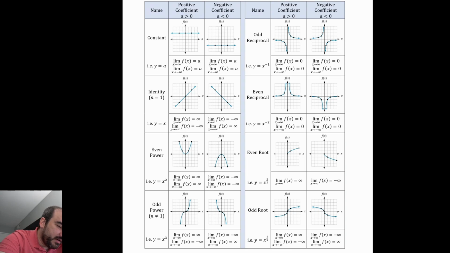The three different ones that you should focus on, or the ones that I just talked about, are the positive powers, which are these ones over here, the even power, odd power. So these two together are the positive powers, positive whole powers.